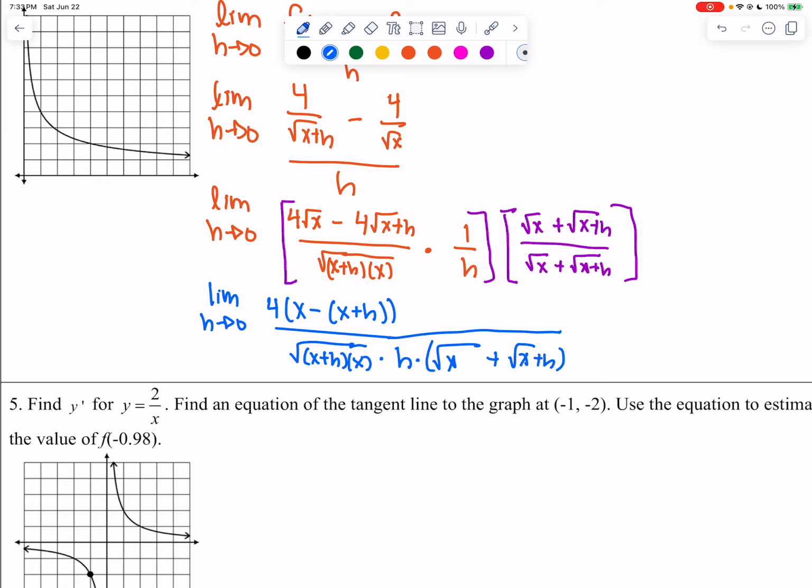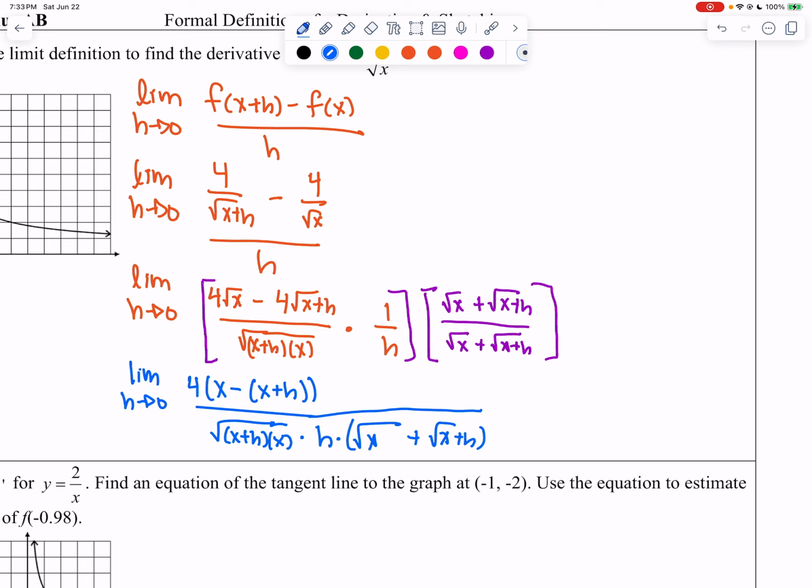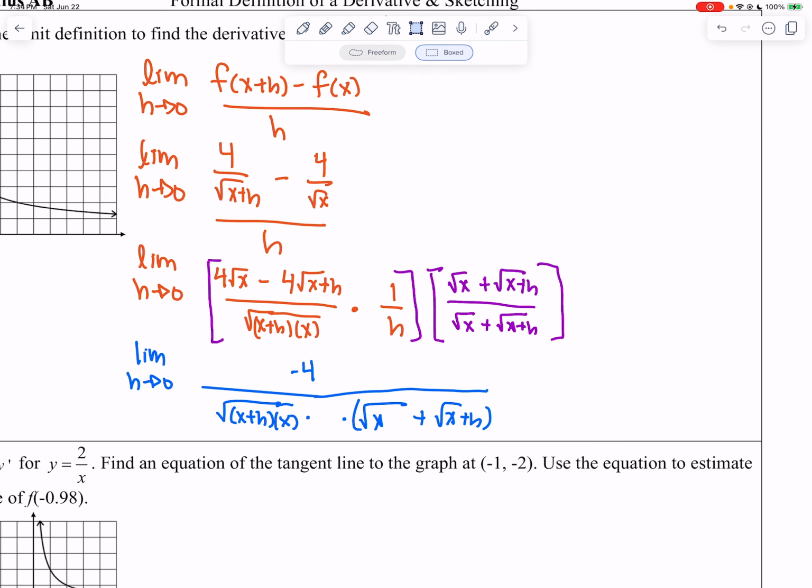The denominator is very, very, very messy right now, but that's okay. We'll fix that. What I'm going to do is simplify the numerator, though, because that can be rewritten as negative 4h, because the x's will cancel out, and then I have a negative h right here. So that's going to be a negative 4h. You'll also notice that the h's will cancel out, so I'm going to cancel that out, which means I'm only left with a negative 4 on the top.